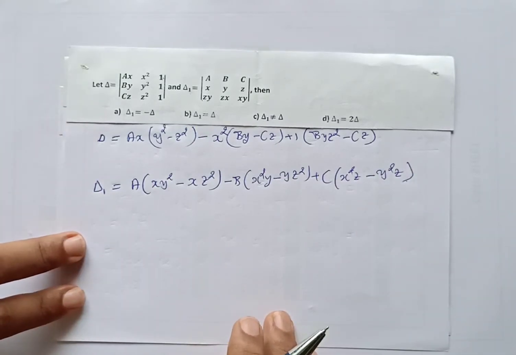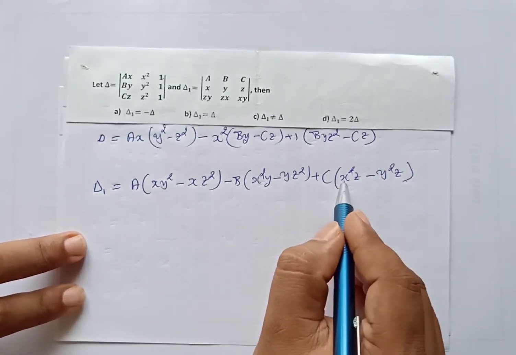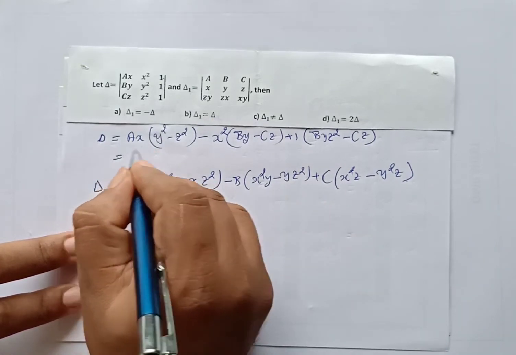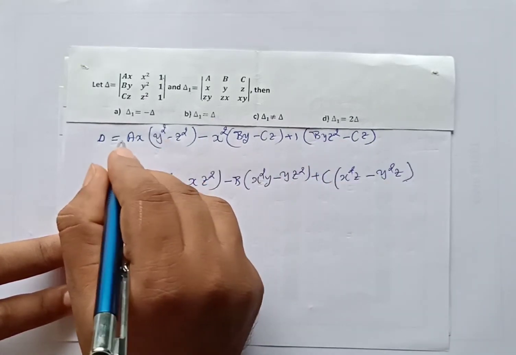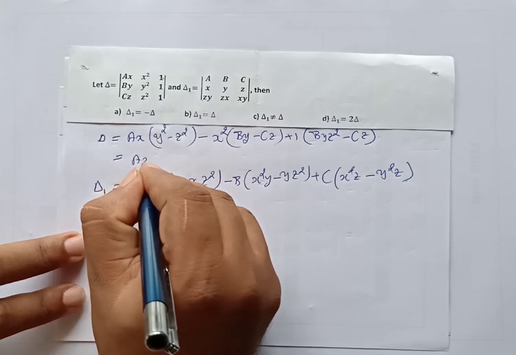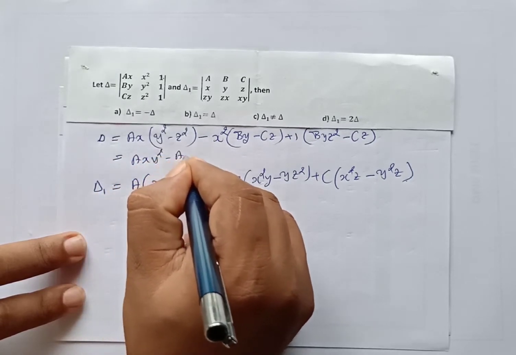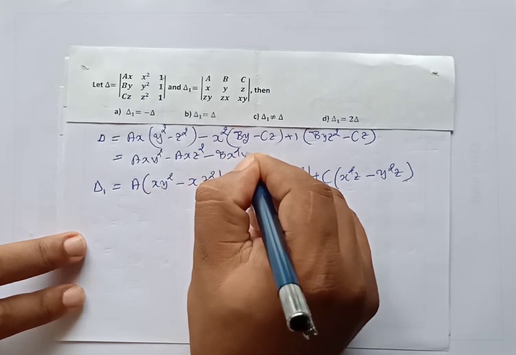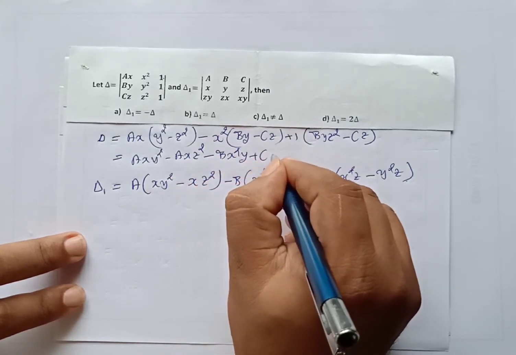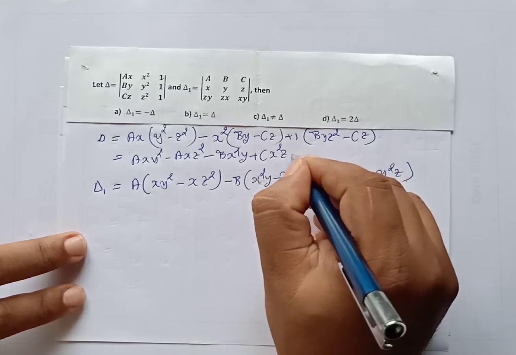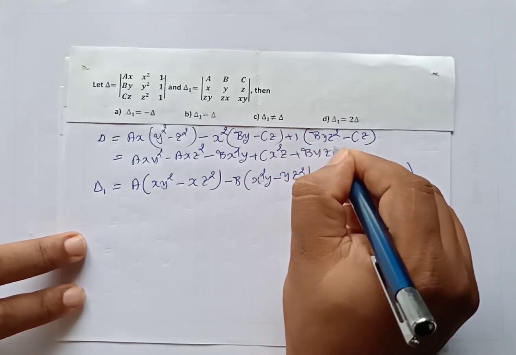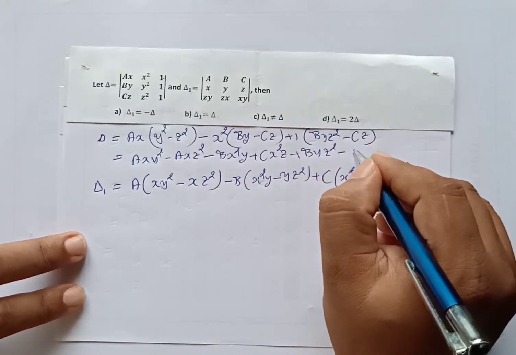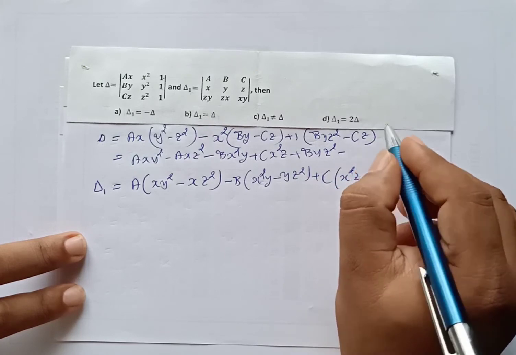Okay, now see here, we will simplify this. We will take a inside: ax y square minus ax z square minus bx square y plus cx square z plus byz square minus cyz.